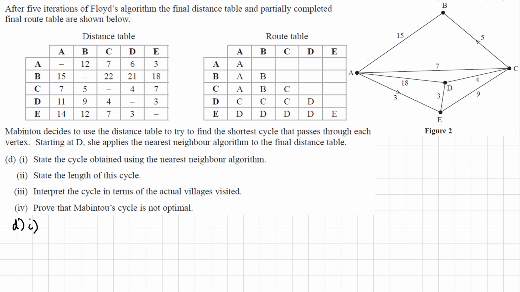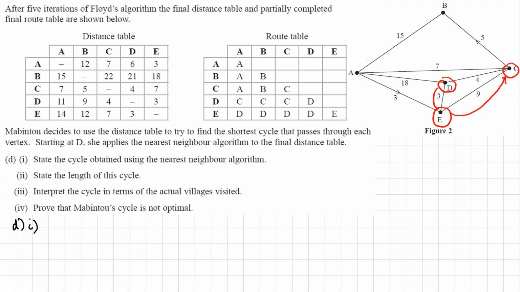Okay, so we will start from vertex D. Its nearest neighbour is a weight of 3, and that's E. From E, the nearest neighbour, well, it can't be A. A is its closest neighbour, but we can't go back along this route. So the next nearest neighbour is C, where we will go to here.